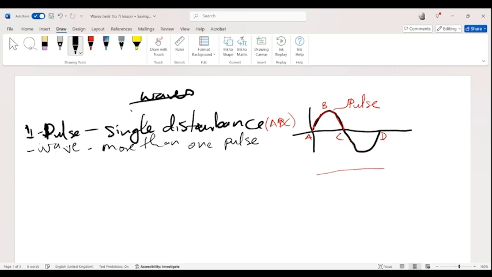So this is one wave because we had a to and fro movement. And the entire segment from point A to D is what we call a wavelength.